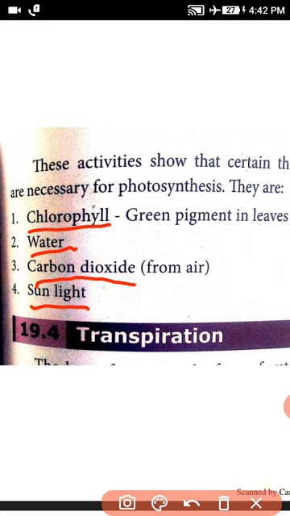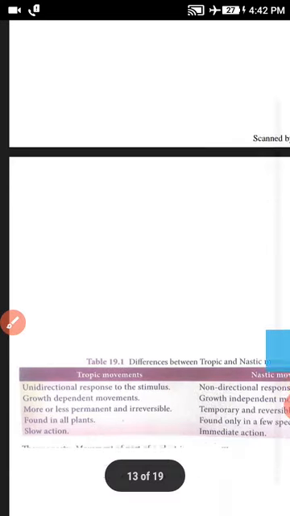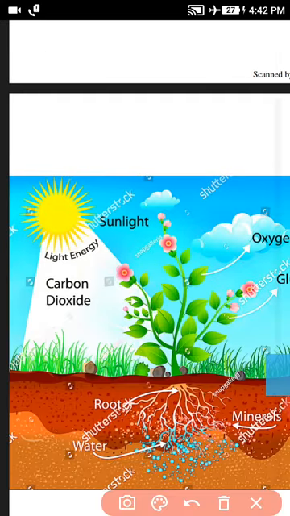Where are these materials obtained from? For example, plants obtain sunlight from the atmosphere. Next, carbon dioxide, plants obtain through the atmosphere. Next, water, plants obtain from the soil through the roots.